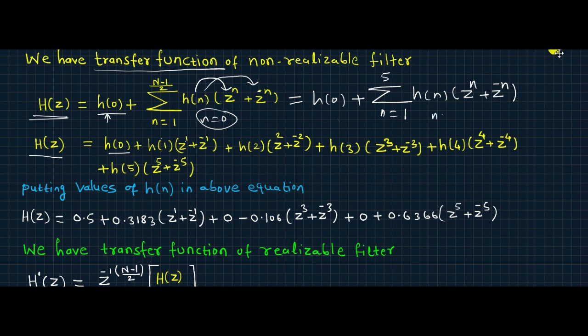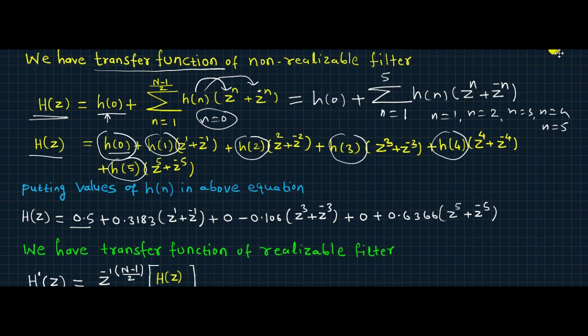So we are putting n equal to 1, n equal to 2, n equal to 3, n equal to 4, and n equal to 5. Then we have obtained these values, putting the values of h(n) in our equation. Now we have values for these: h(0), h(1), h(2), h(3), h(4) and h(5) we have found. Let us put the values of these.